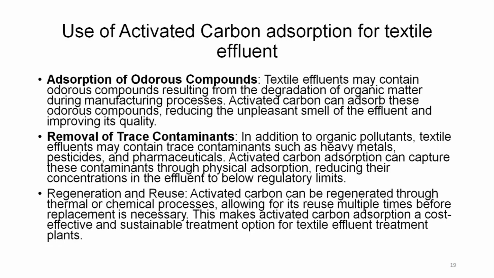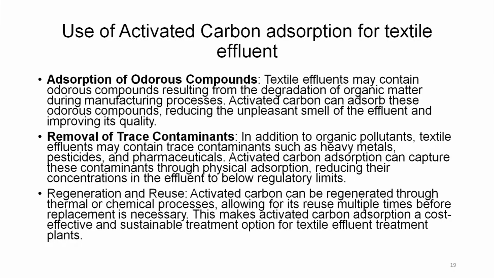Removal of trace contaminants. In addition to organic pollutants, textile effluent may contain trace contaminants such as heavy metals, pesticides and pharmaceuticals. Activated carbon adsorption can capture these contaminants through physical adsorption, reducing their concentration in the effluent to below regulatory limits.